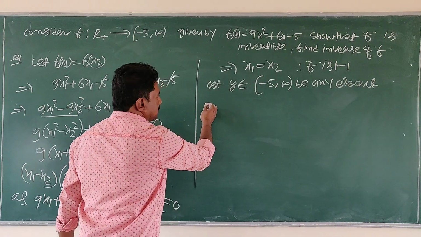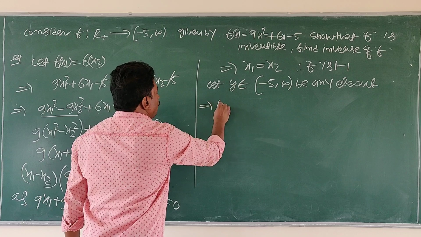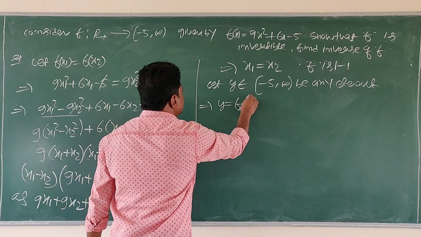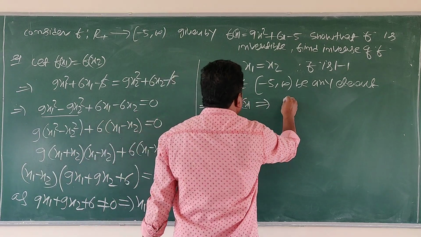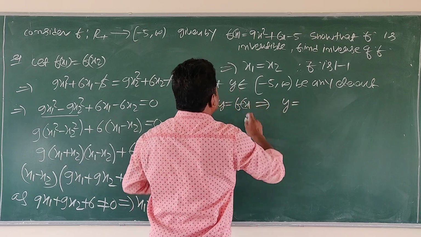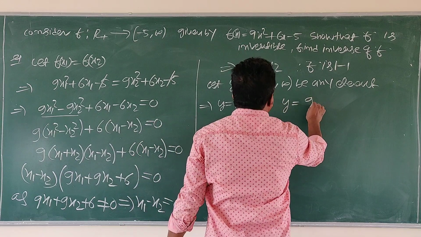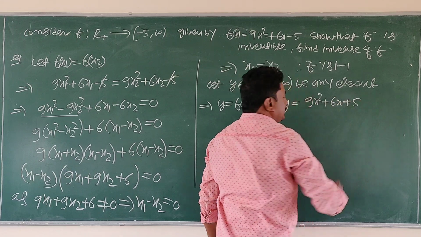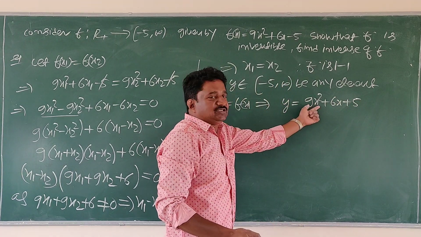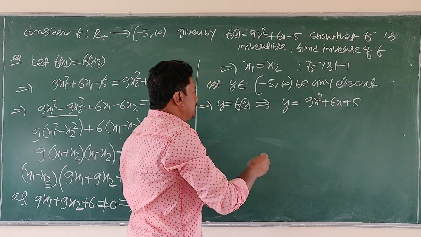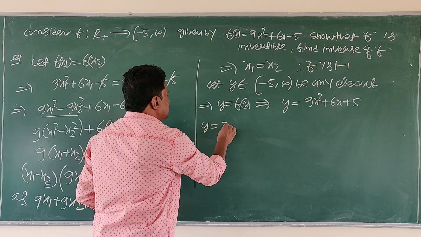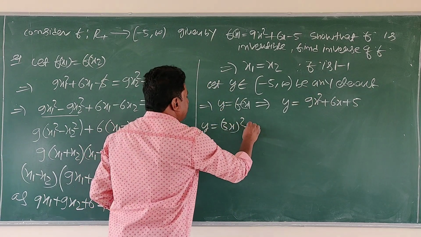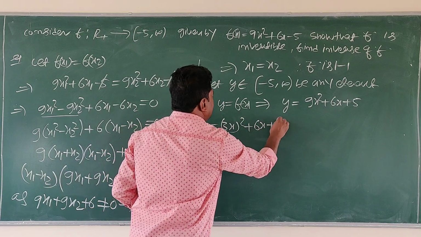That implies, write y equals f(x). That implies small y equals, what is f(x)? 9x square plus 6x minus 5. Again, you write 9x square as (3x) whole square. Small y equals (3x) whole square plus 6x minus 5.